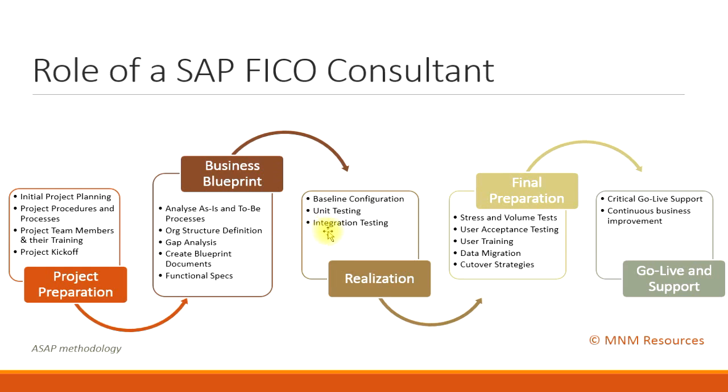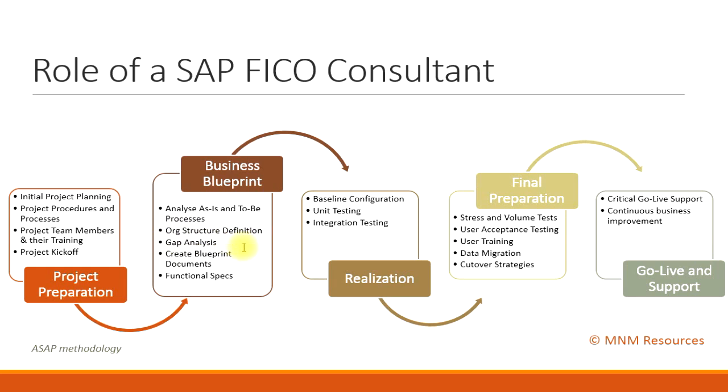Then you have to define the organization structure. These are the organization's departments and divisions, and also how you want to have each processes defined for each of these organizations in SAP. And anything which can't be done standardized in SAP, you have a gap analysis and you see what other customization program you can do to overcome this situation.